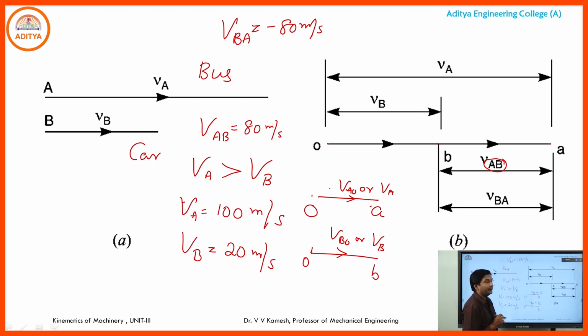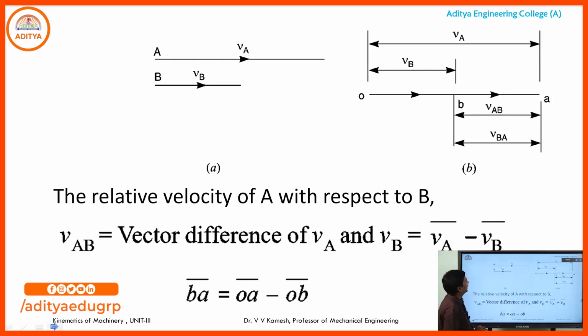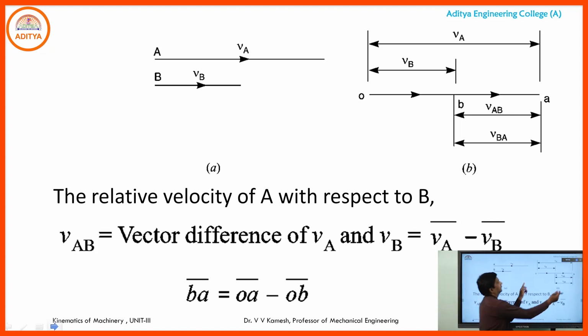Based on the representation, VAB or VBA, the vector will have a reversal of direction, and the numerical value will also have the reversal. So here we have the relative velocity of A with respect to B. It is the vector difference VA minus VB. Just like I told, 100 minus 20. So this is from the graphical representation.